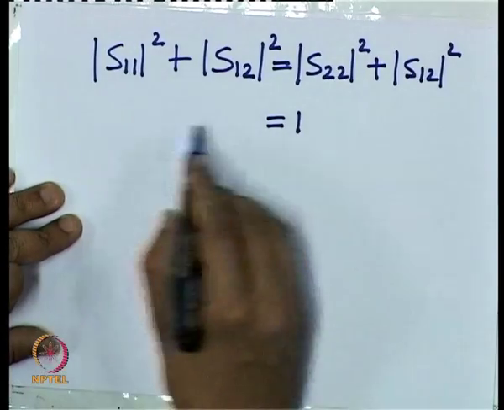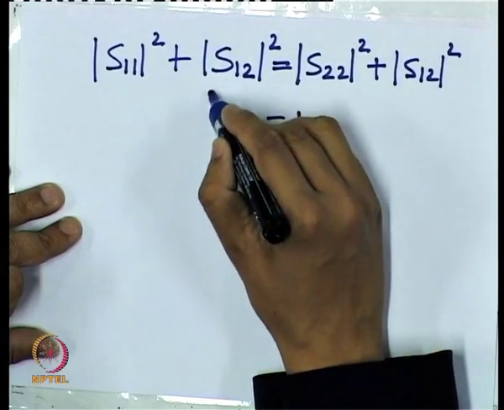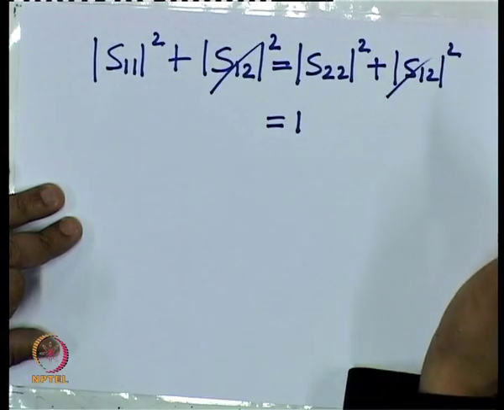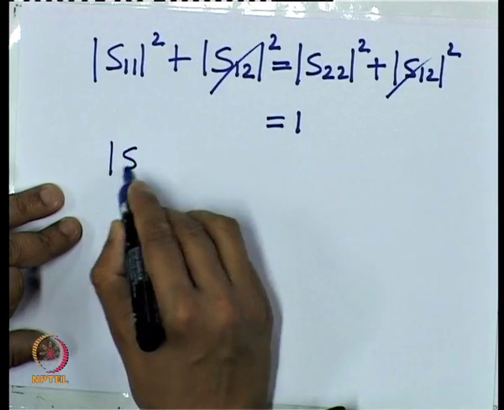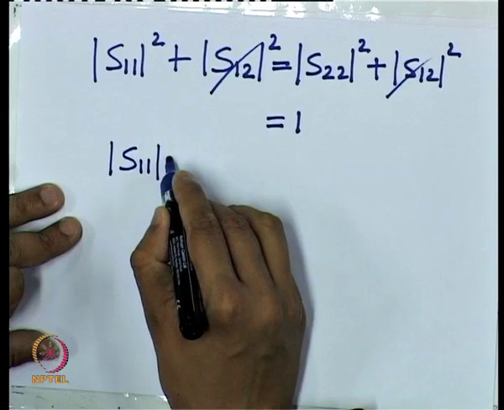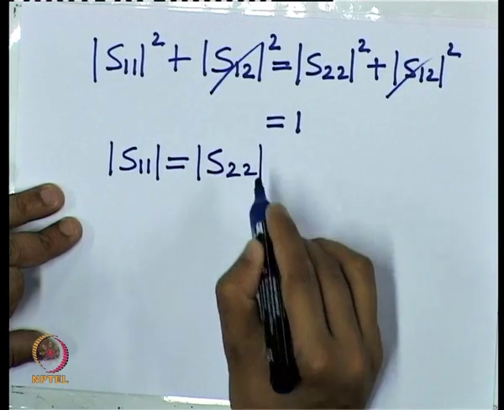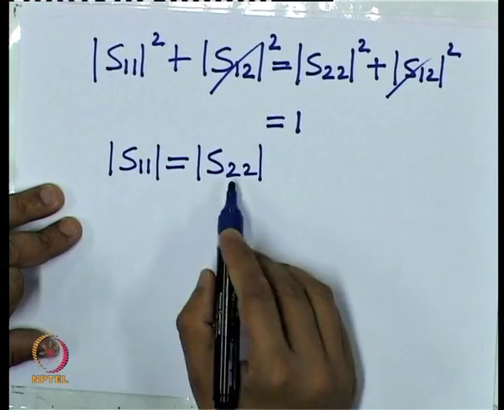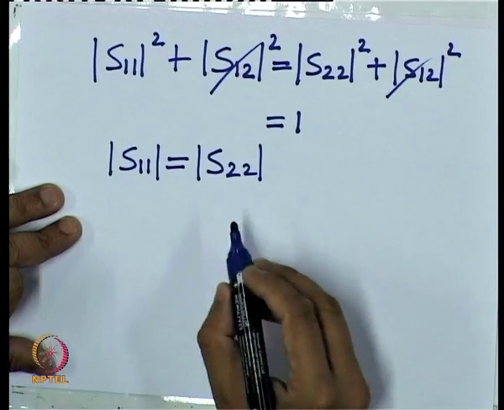Now equating the two, because this term is common to them, this term gets eliminated. So, from here we can straight away write modulus of S11 is equal to modulus of S22. In other words, S11 and S22 will have to have the same magnitude.